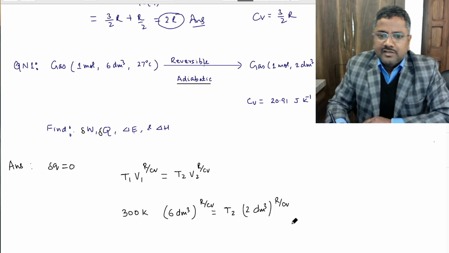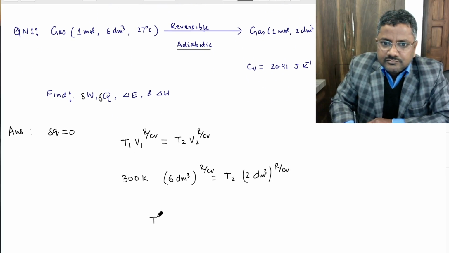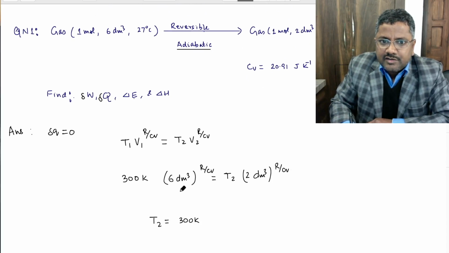Very simple. Now T2 is equal to 300 Kelvin and 6 by 2 to the power R by CV.